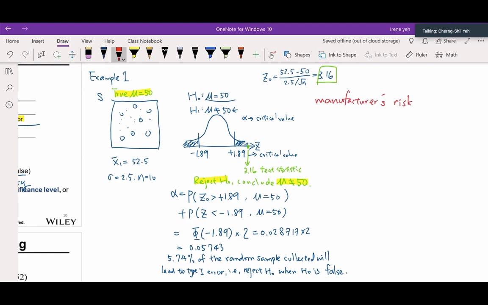So in reality, how do we typically avoid this type of mistake or the risk associated with it? Typically, make your process as consistent as possible. In other words, minimizing that sigma will help. Second thing, increase the number of samples so you get a better picture of your population.